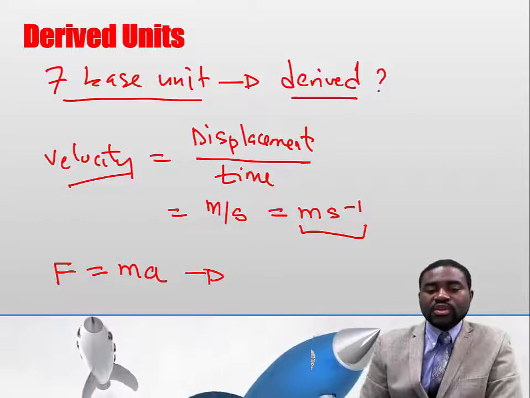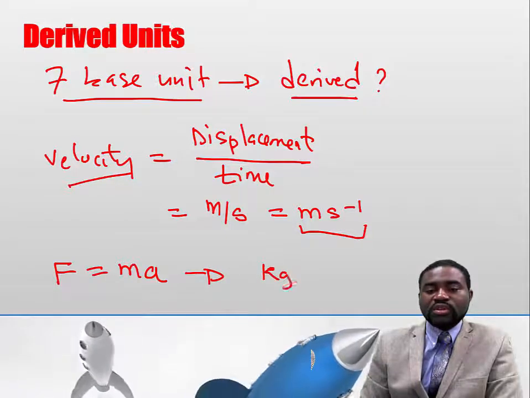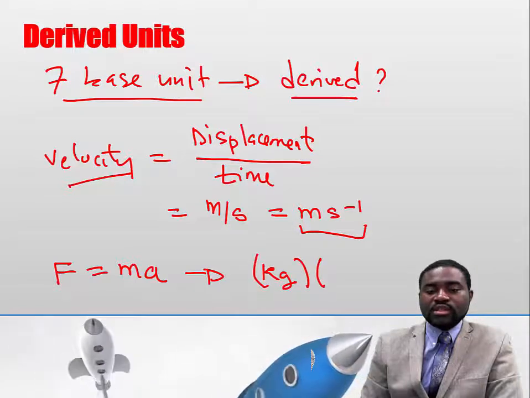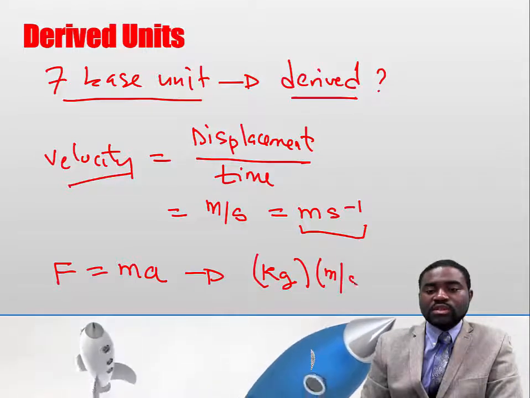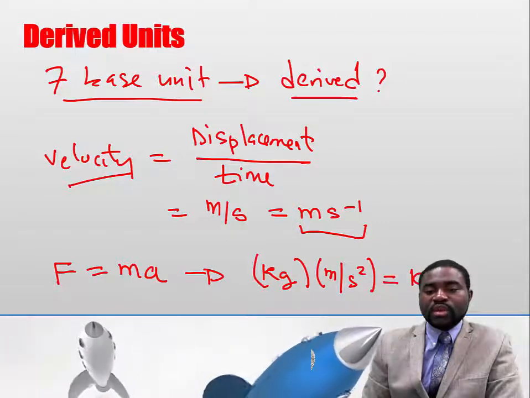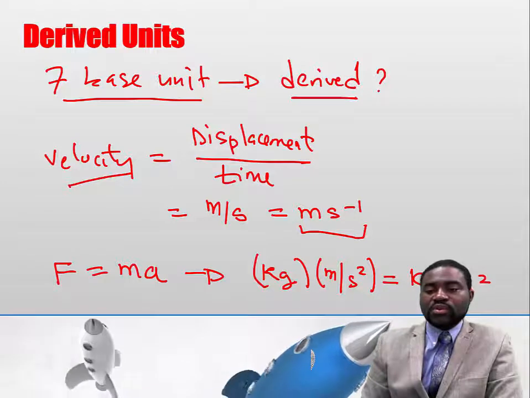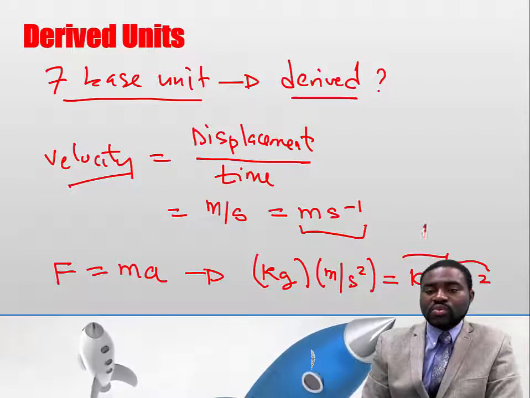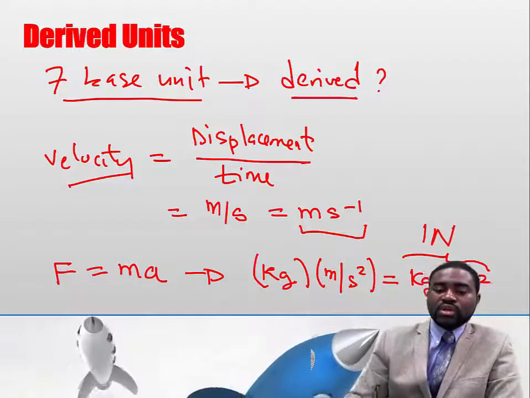This means that the unit of force is the unit of mass multiplied by the unit of acceleration, which is meters per second squared. So this is kg m per second squared. These are the units of force, which happens to be 1 Newton.